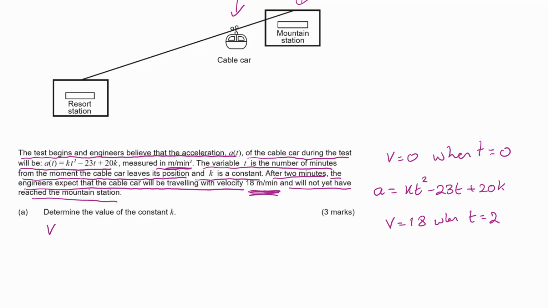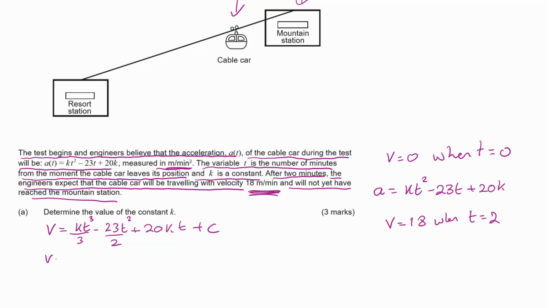So, to get to velocity, we need to integrate acceleration. That is going to be kt cubed over 3 minus 23t squared over 2 plus 20kt plus some constant.